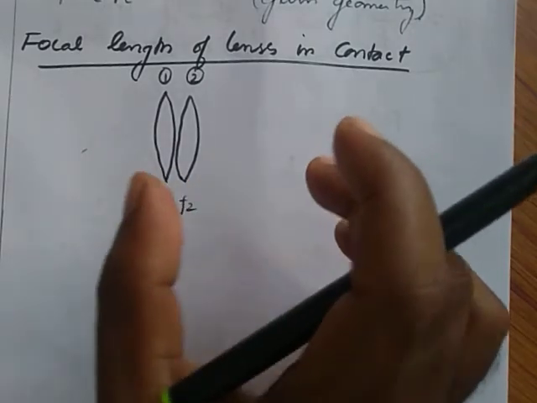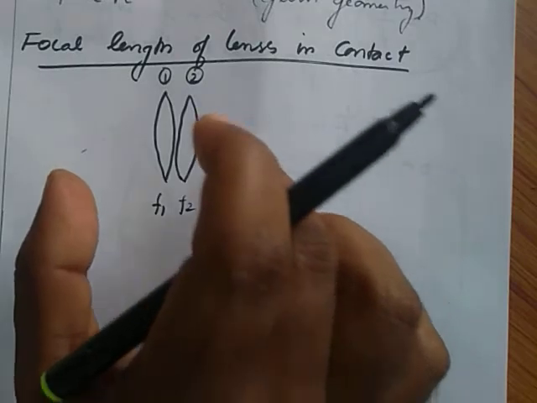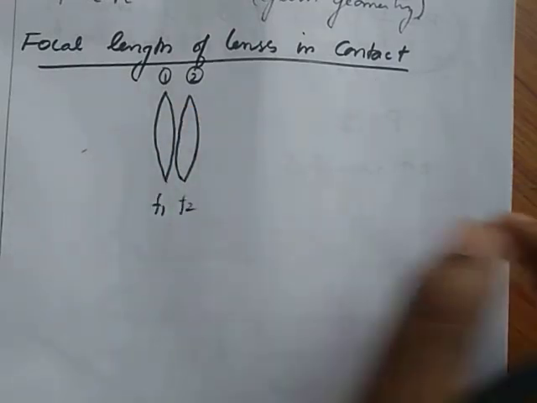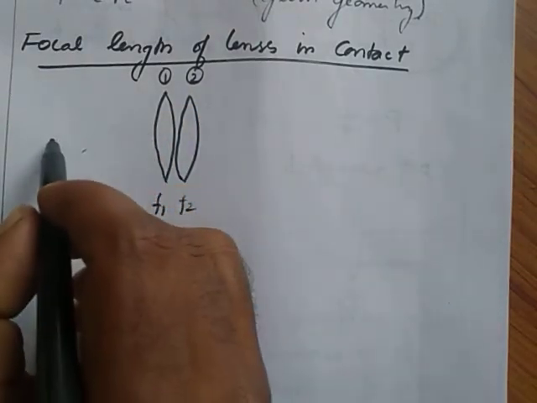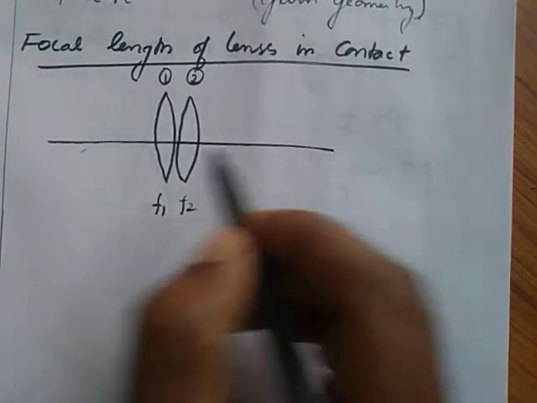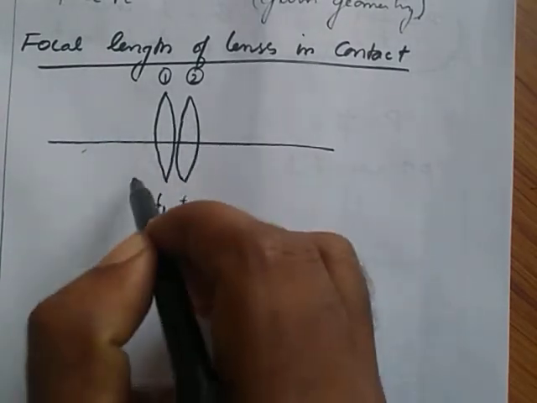They are placed coaxially, so the principal axis will be common for both the lenses.